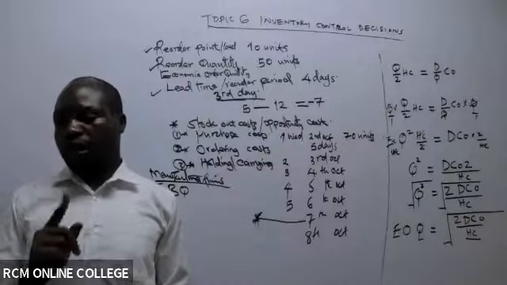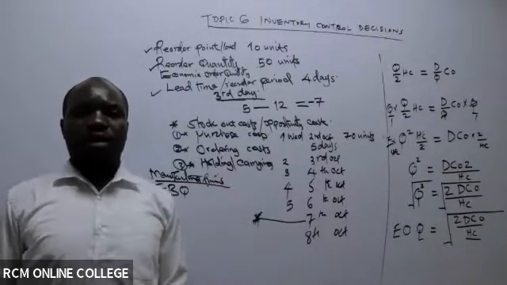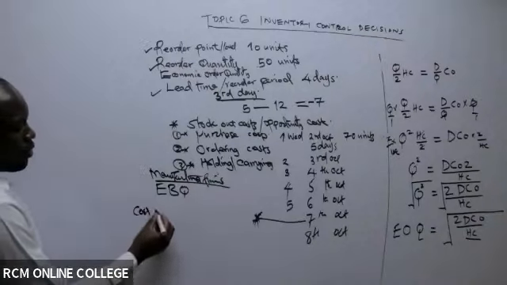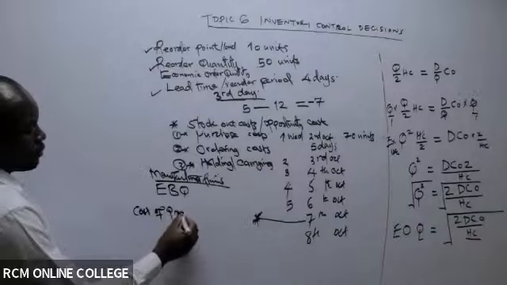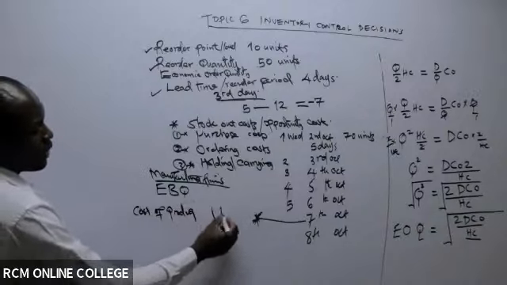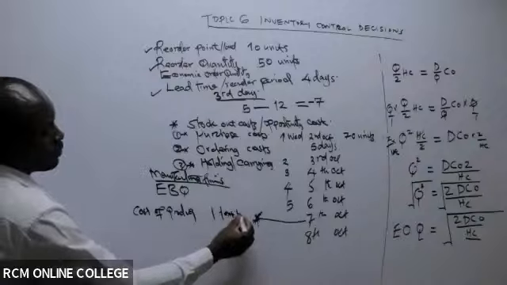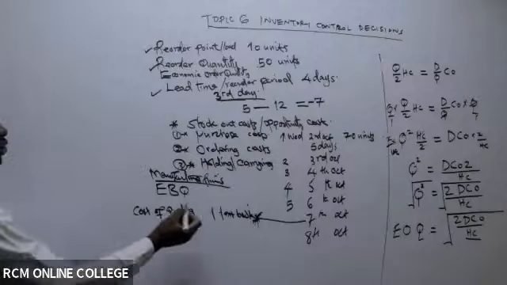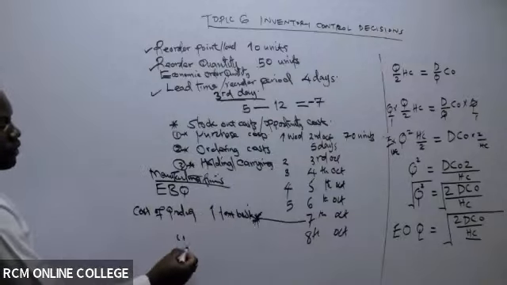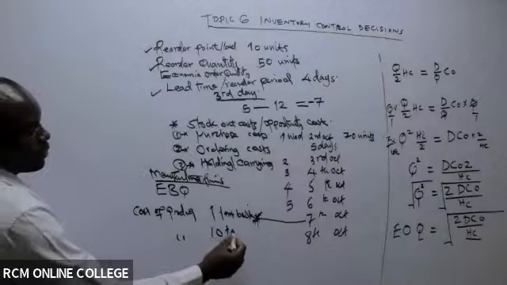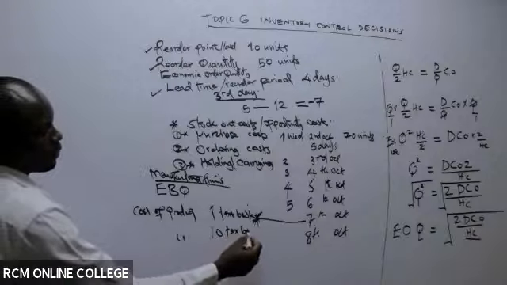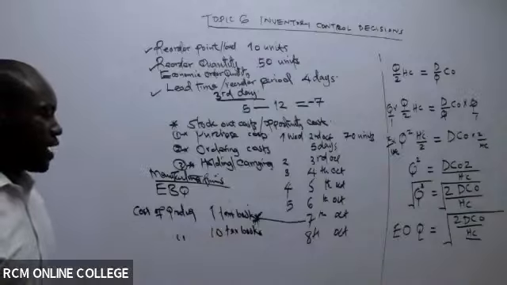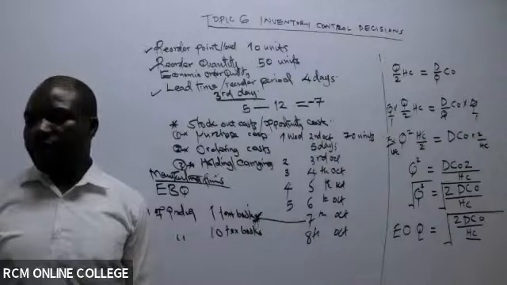You understand very well that the cost of producing one textbook is higher than the cost of producing 10 textbooks. Is that true? The cost of producing one textbook is higher than the cost of producing 10 textbooks.